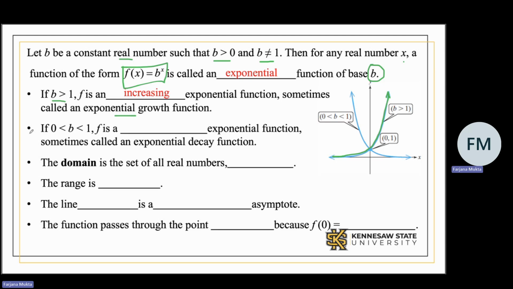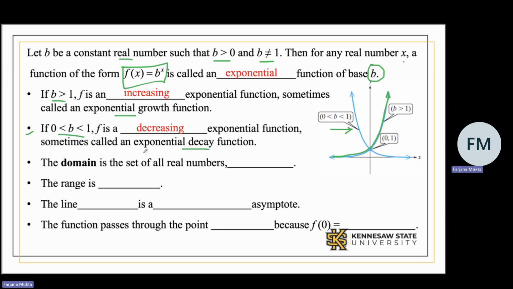Now, if b is between 0 and 1, a fraction like 1/2, 1/3, 1/4, and so on, then the function will be a decreasing exponential function, which we sometimes call an exponential decay function. This one is the graph for b between 0 and 1.